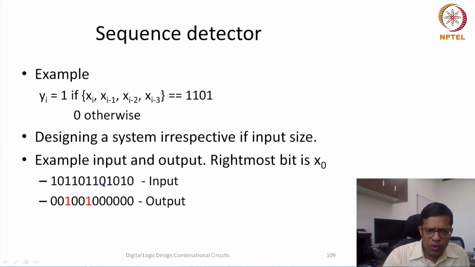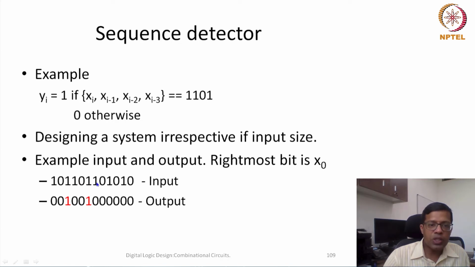Similarly, output would be 0 for y4 also, because the pattern doesn't match. y5 is also 1 0 1 0, it doesn't match, so it would be 0. But for y6 it is 1 1 0 1, so y6 is 1.